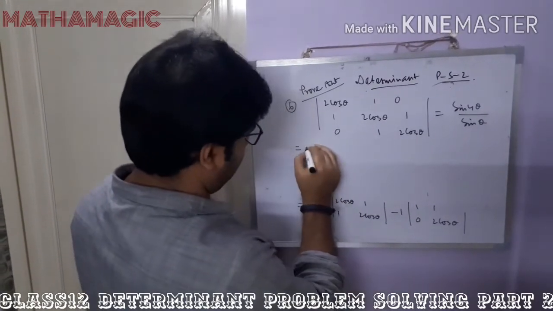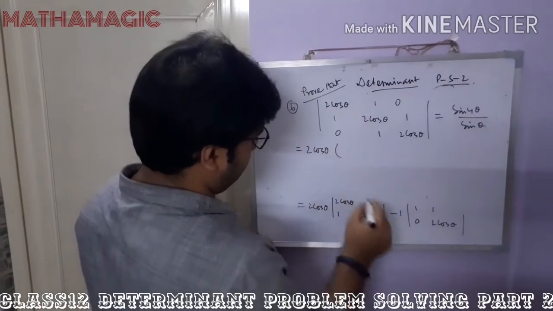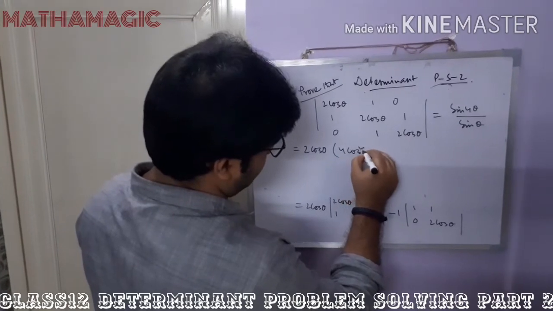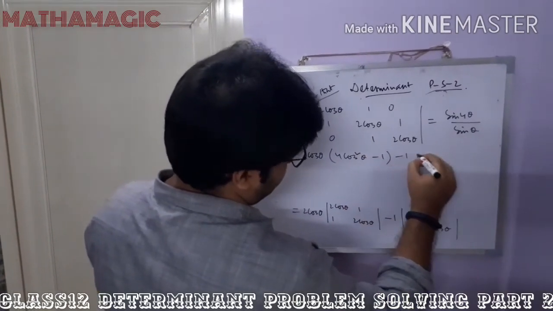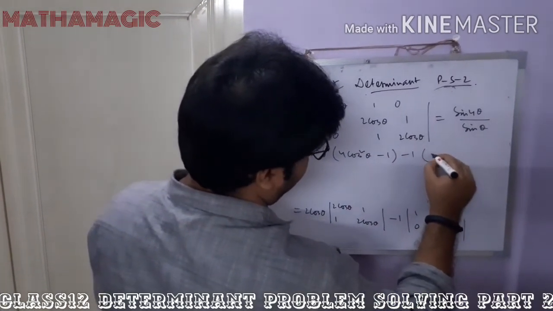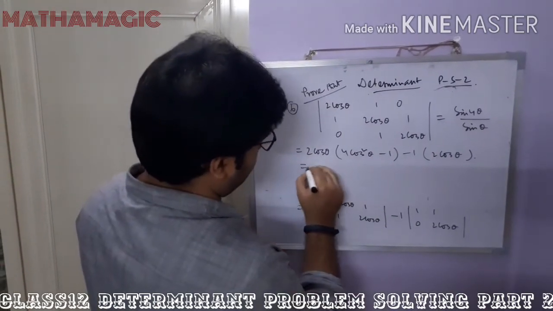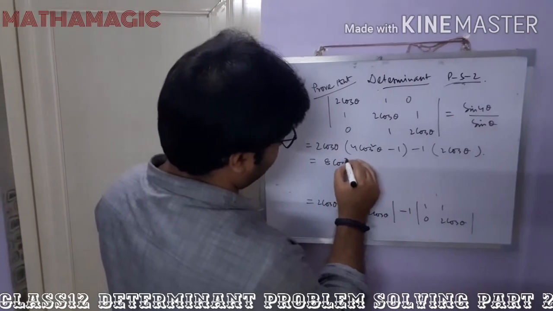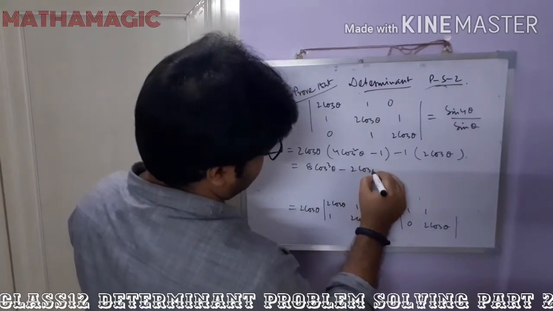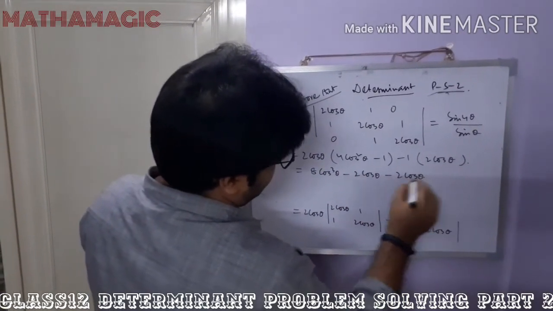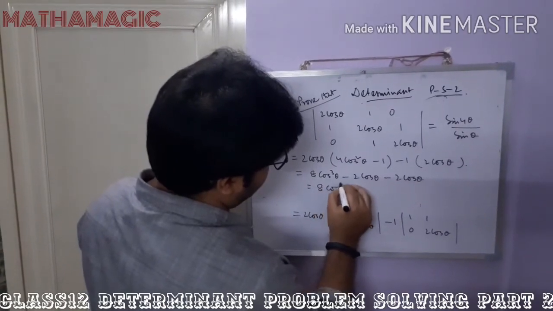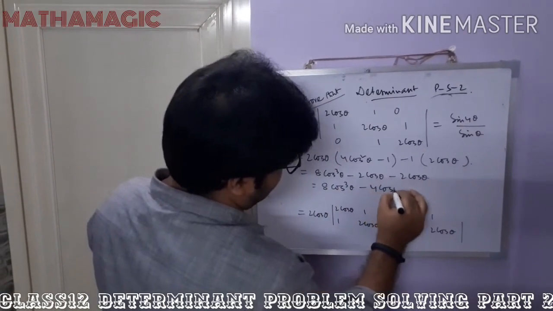By calculation, what we are getting is 4 cos square theta minus 1, into 2 cos theta, minus 1 into 2 cos theta, right? So it is 8 cos cube theta minus 2 cos theta minus 2 cos theta, so it is becoming 8 cos cube theta minus 4 cos theta.